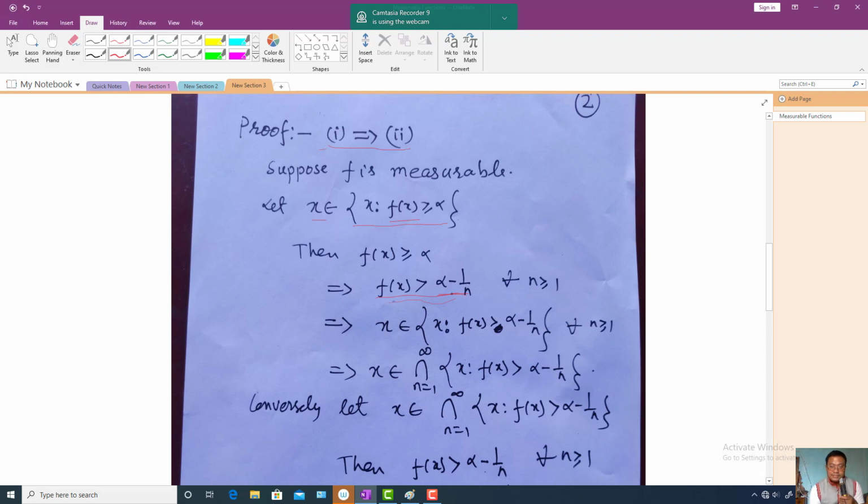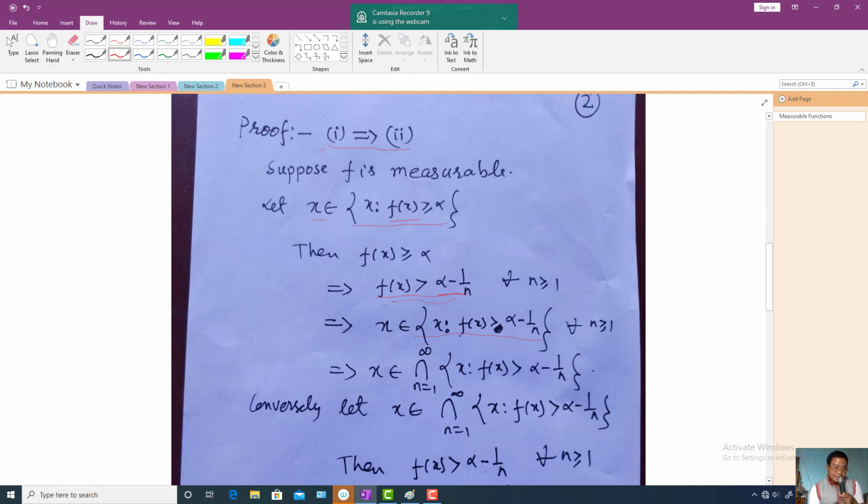So that means what? x is a member of this set. When n is equal to 1, f of x is strictly greater than alpha minus 1. Therefore x is a member of the set of x such that f of x is strictly greater than alpha minus 1. Like that, when n is equal to 2, x is a member of the set of x such that f of x is strictly greater than alpha minus 1 by 2.